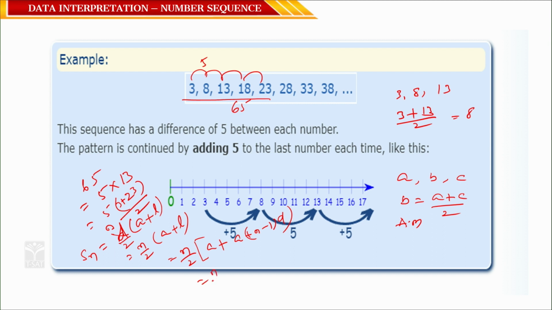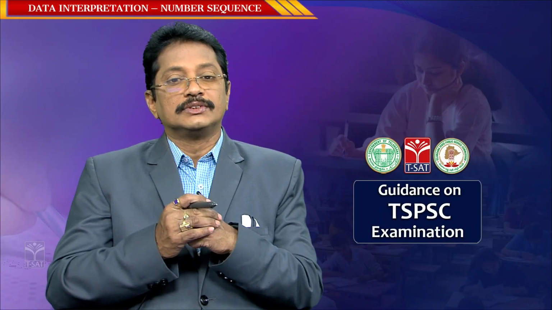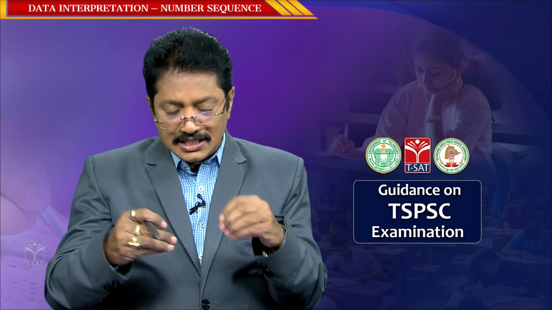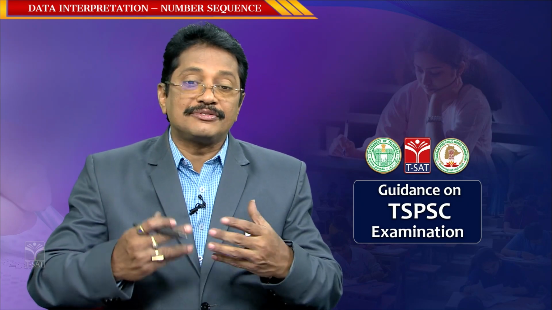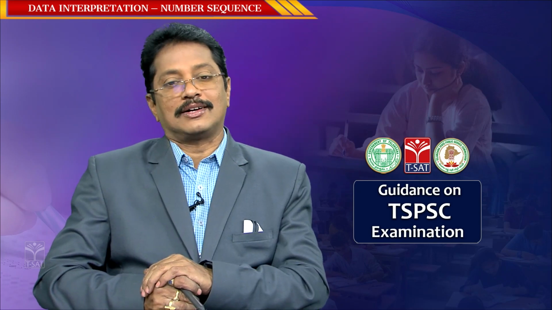So we can say n by 2 of 2A plus n minus 1 into D. This is one more formula to find the sum of n terms of an arithmetic progression. Especially for this number sequence, you have to derive the formulas yourself. That is a very, very important logic.